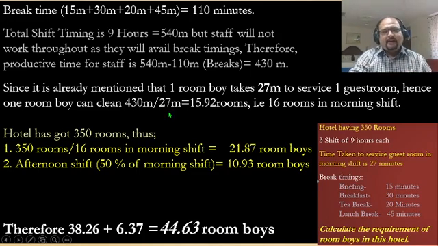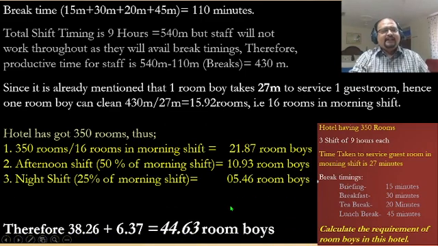So keeping that in mind, I have assumed if the person is taking 27 minutes to service one guest room in the morning shift, it will be 50% of that, say around 13.5 or 14 minutes in the afternoon shift. And assuming afternoon shift is 50% of the morning shift, which is 10.93 room boys.